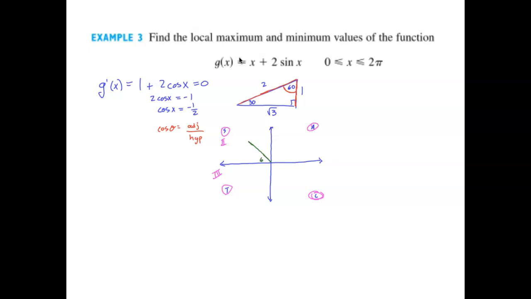This needs to be a 60-degree angle so that when I make a triangle out of it, I have that 30, 60, 90 triangle where this side would be root 3, this would be 2, this would be 1. But if you consider that we're in the coordinate plane, so this is y and this is x, notice that's the negative side of the x-axis, so that's actually -1. And then my cosine of that angle becomes -1/2, which is what we want.